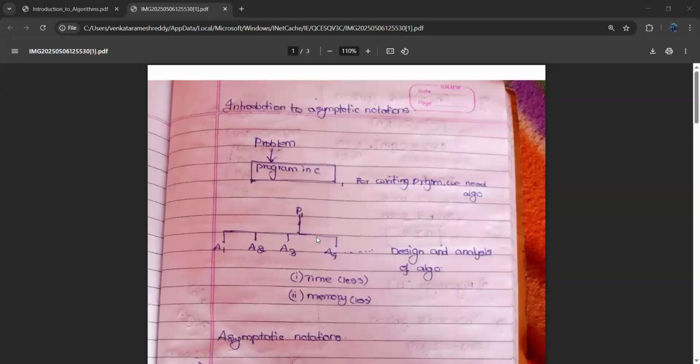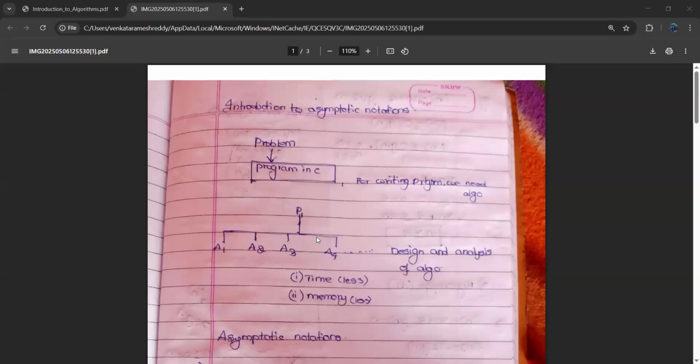Why are we taking these two factors, time and memory? Suppose there are various algorithms for the given problem. Whichever algorithm takes less time to solve that problem, we have to select that algorithm, because that is what we want.